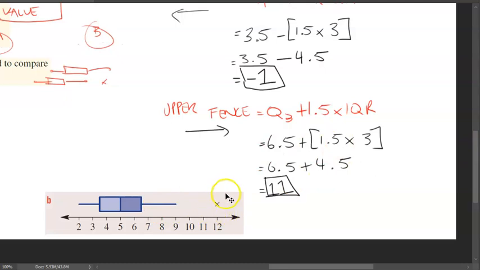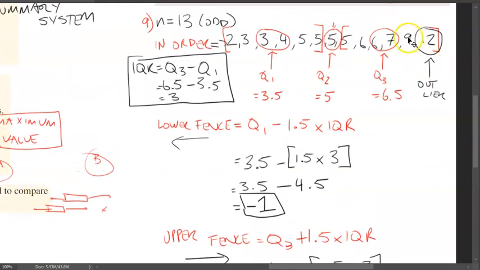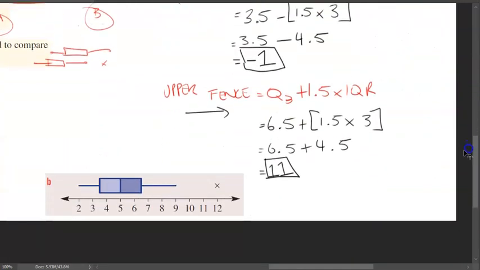Remember, outliers are marked as a cross, and the second highest number, the one before it, is 9. So that tail ends at 9 from Q3 to here. And that's all there is to drawing a box plot.